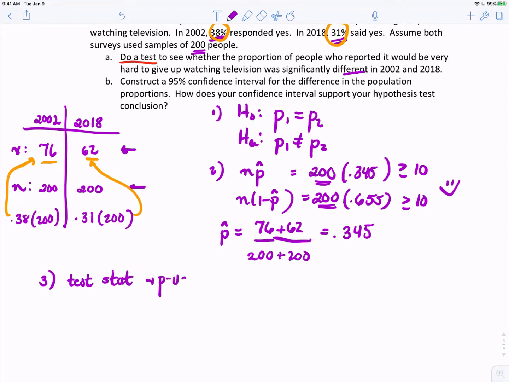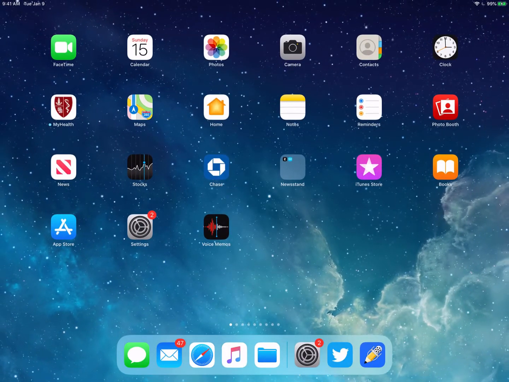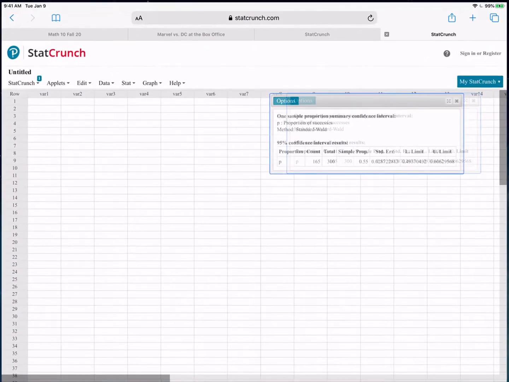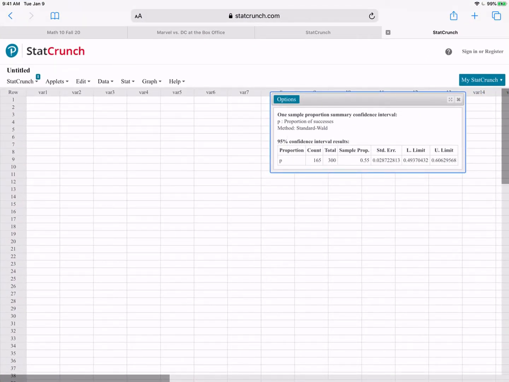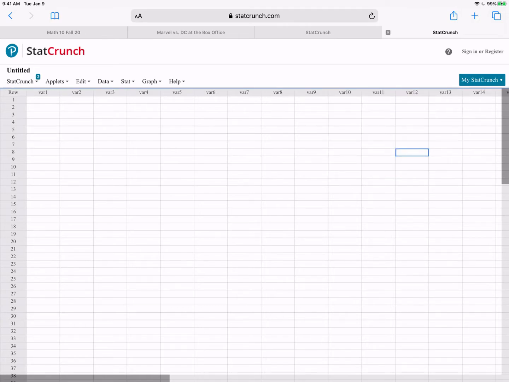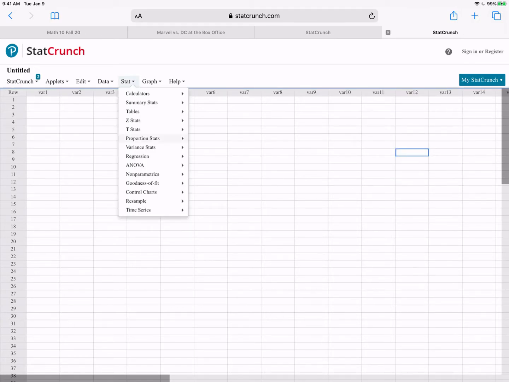Okay, now we're going to find our test statistic and p-value, and we're going to find those using StatCrunch. So let's record what we have. In the first year, it's 76 out of 200, and in the second one, it's 62 out of 200. And we're going to need those numbers for StatCrunch. Okay, so let's go ahead and try. We have stat, proportions.